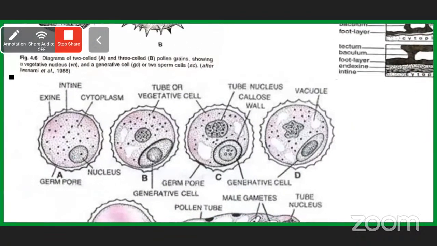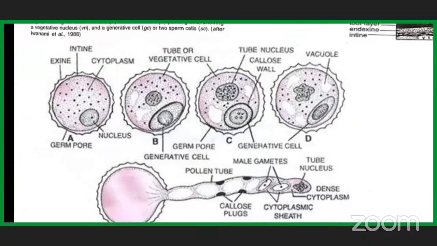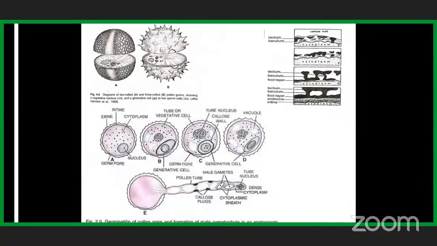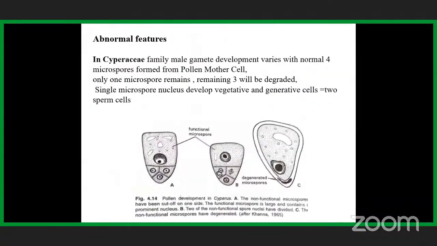The vegetative cell again divides, forming the vacuole and tube cells, and the generative cell again divides into two, which become the two male gametes. This cell and another one with the polar nucleus. That's why angiosperm endosperm is triploid.